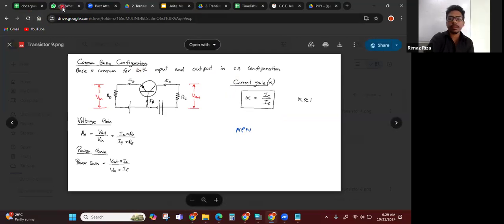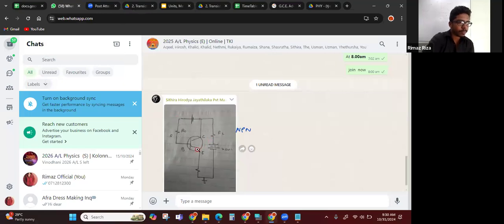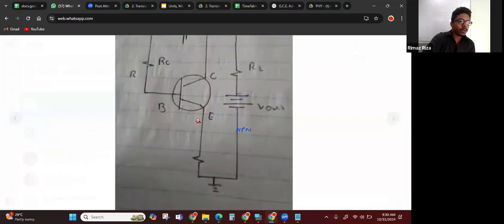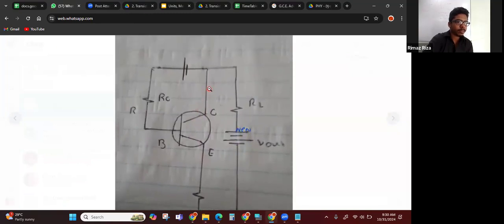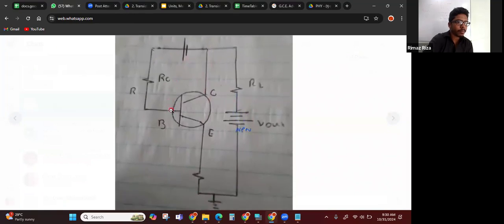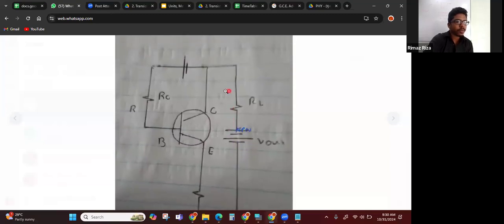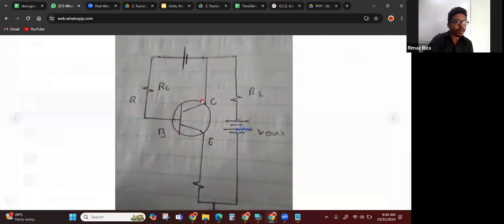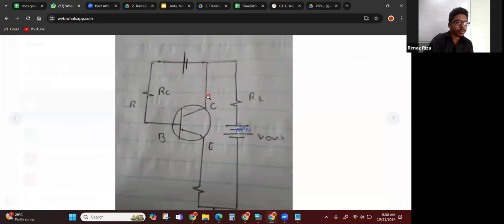I think that's it. So here, common collector, and the input is here. First thing, the input side has to be forward bias, and this one has to be reverse bias.